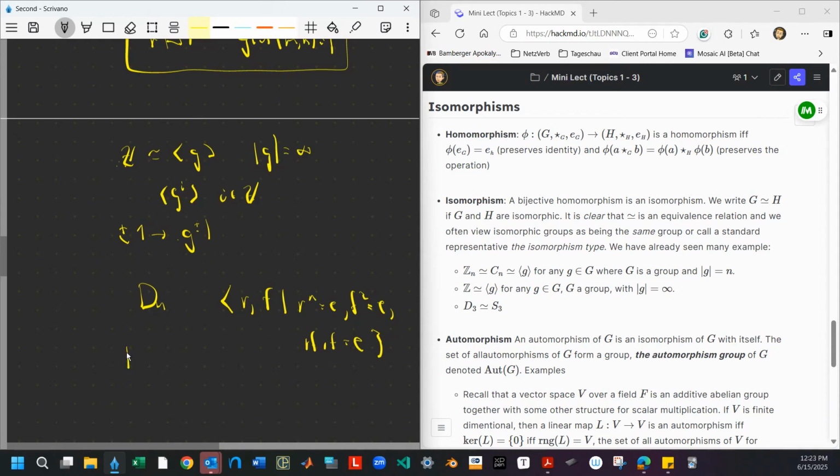And so if I have any two representations of D_n, I can take this r and f and map it to any other r' and f', where this is some other flip. This thing would have to be a generator of the whole group. So literally the map would be r goes to any r^m where the GCD of m and n is equal to 1. f can map to any other flip, and all the flips are going to be of the form r^m f.